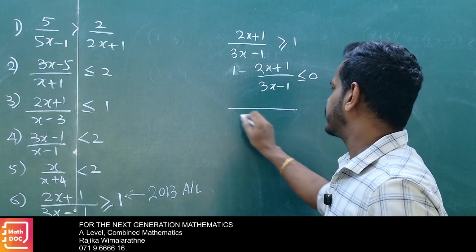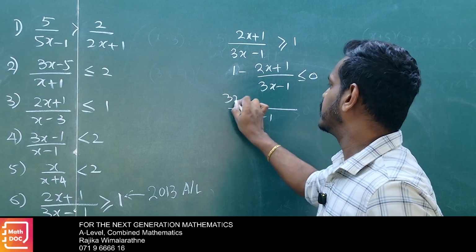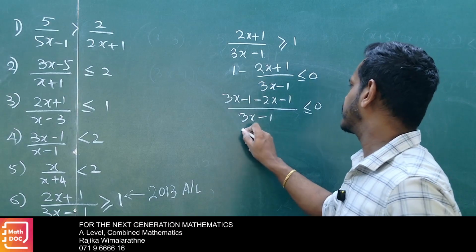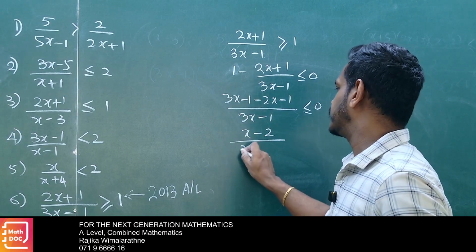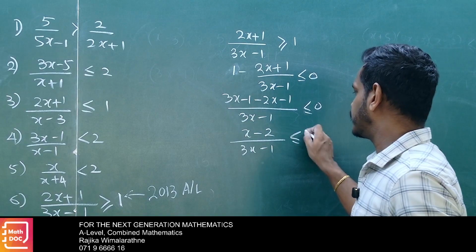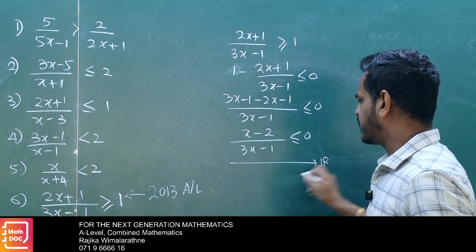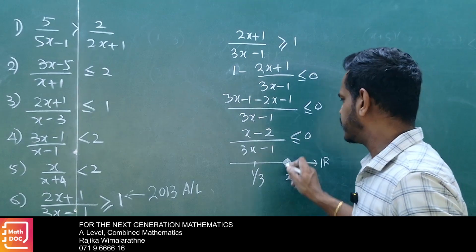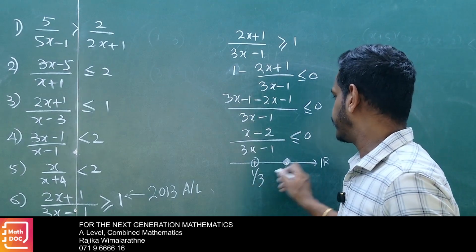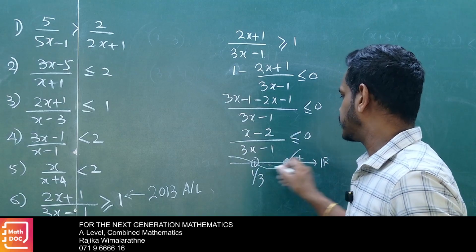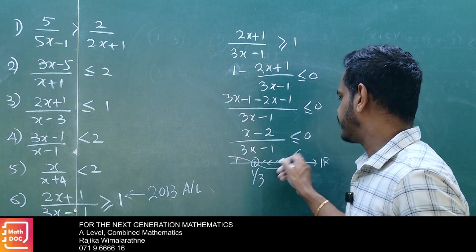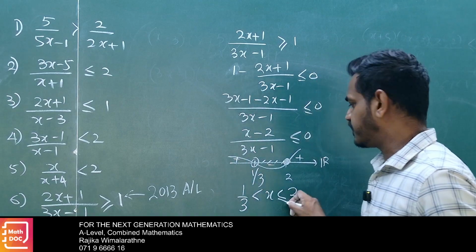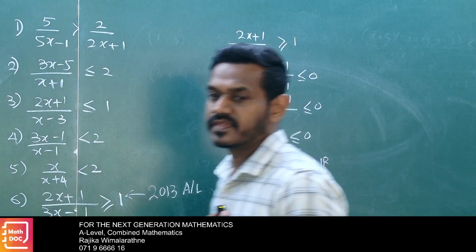Get the common denominator: (3x minus 1 minus 2x minus 1), which is (x minus 2)/(3x minus 1) less than or equal to 0. On the real number line, here 1/3, here 2. Equality for 2 only. Then the negative region is this. x is between 1/3 and 2, with equal to at 2 only. Check your answers.